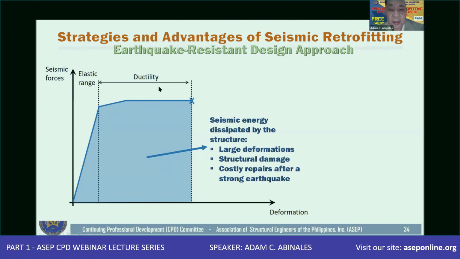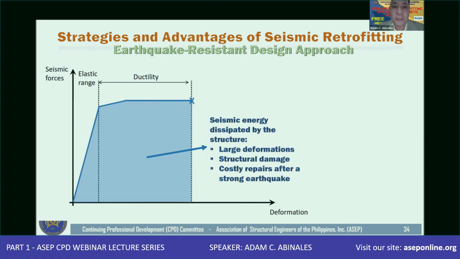So the structure should be able to sustain those large deformations, and the structural damage would be very minimal.